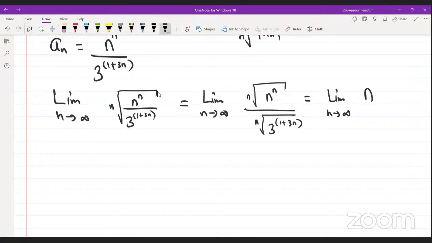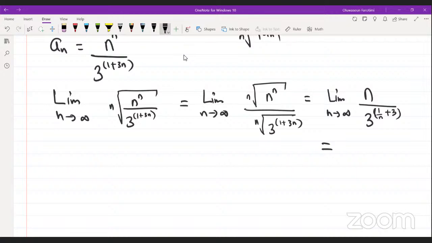The bottom is going to be something like 3 to the power of 1 over n, plus 3. Now think about this. I don't need to stress myself.